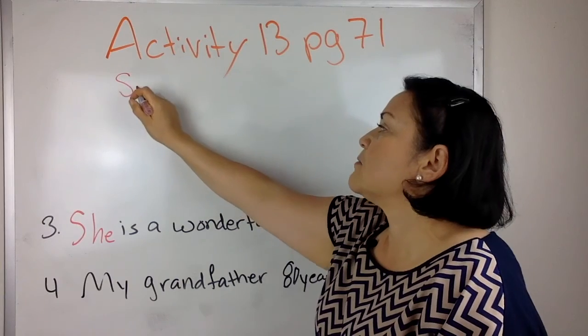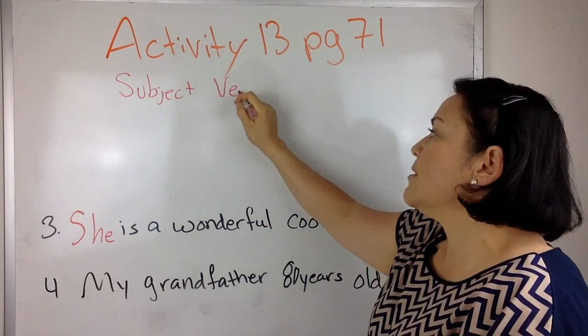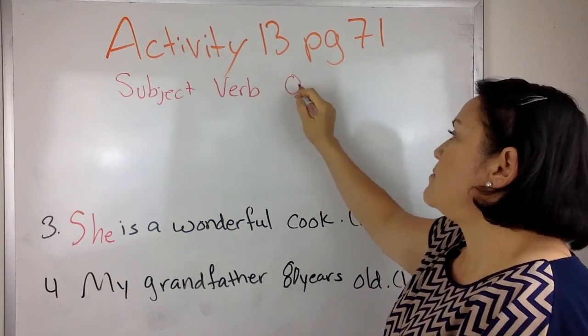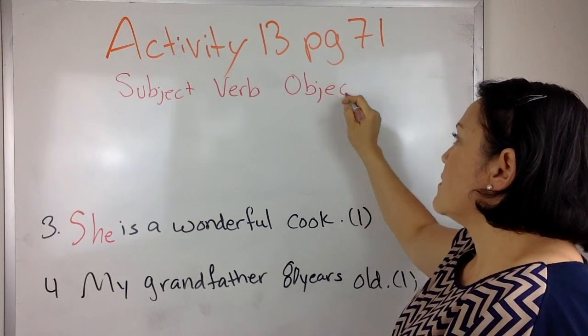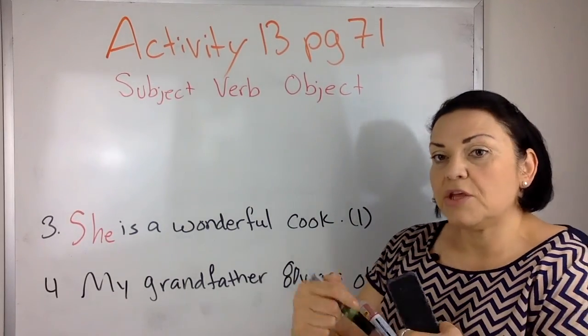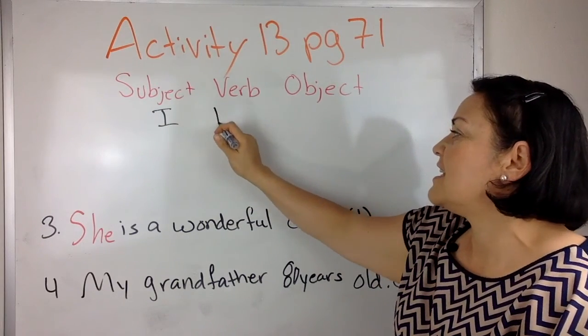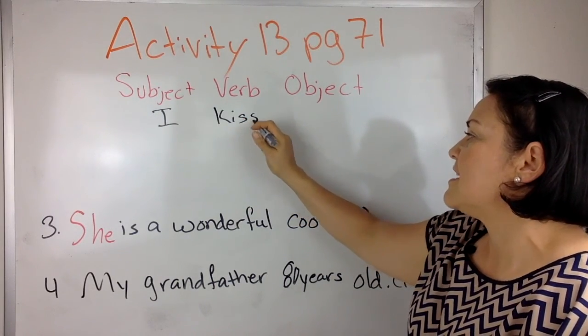In a sentence, we have the subject, verb, and object. So a simple sentence that you can think about is, I kiss him.